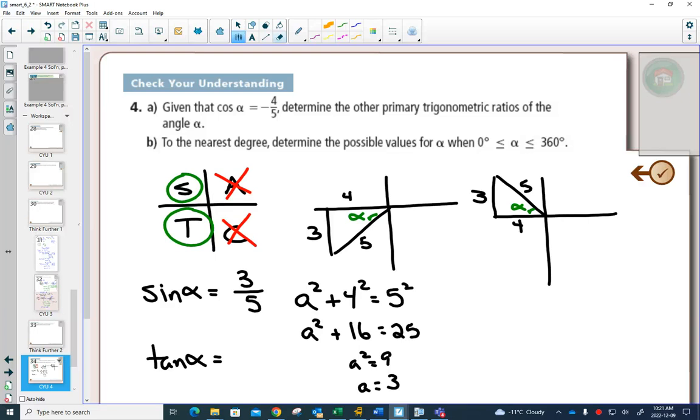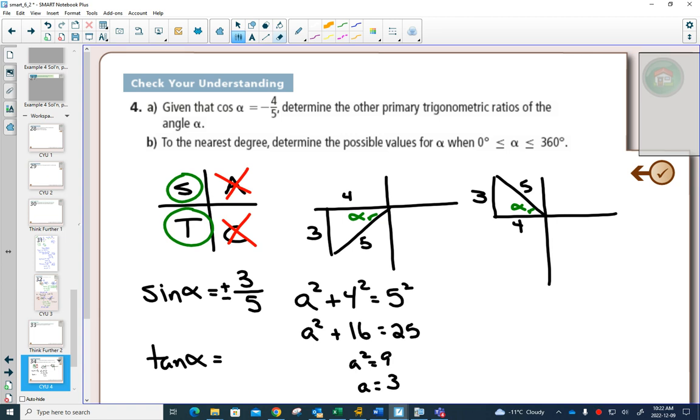But the question was, should sine of alpha be positive 3/5 or negative 3/5? Well, here it's in quadrant 3. According to my CAST rule, should sine be positive or negative? Negative. Good. But here it's in quadrant 2. Is sine positive or negative in quadrant 2? Positive. So in this question, you would have to write that sine could be plus or minus 3/5.